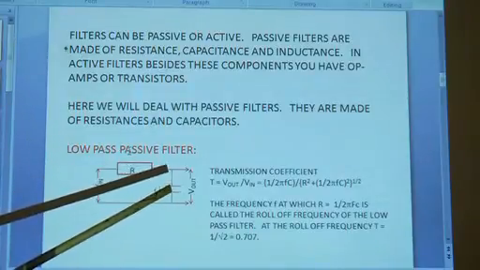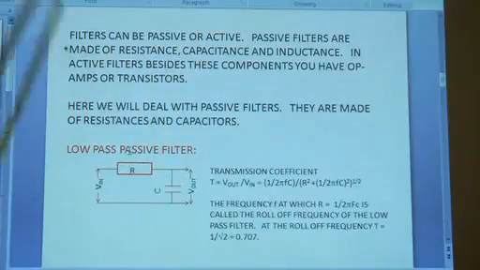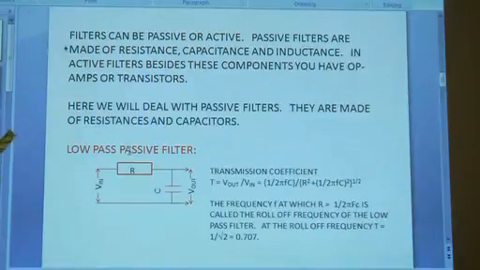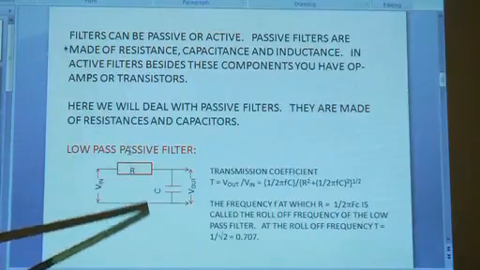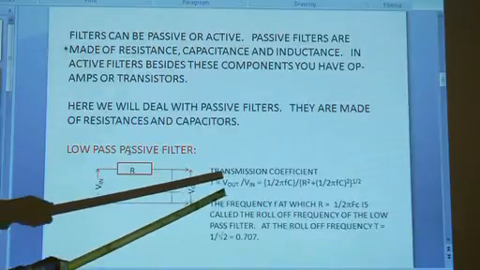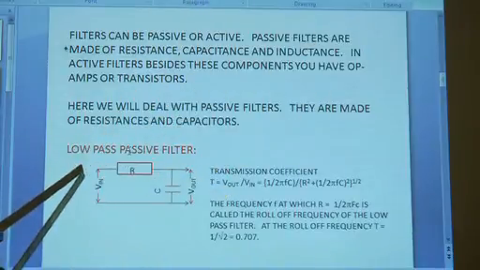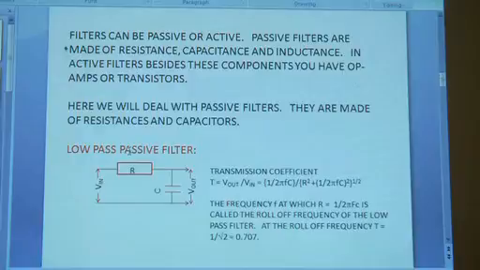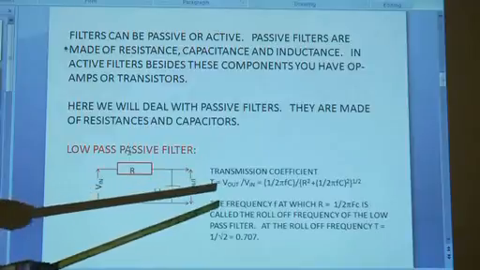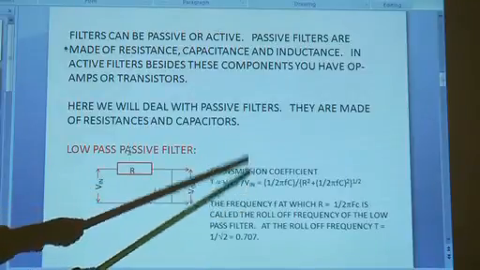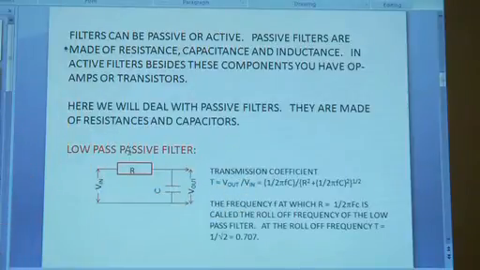So the ratio V output by V input, called the transmission coefficient, is the impedance of the capacitance, 1 by 2 pi Fc, divided by the total impedance, which is R square plus (1 by 2 pi Fc) whole square, power half.